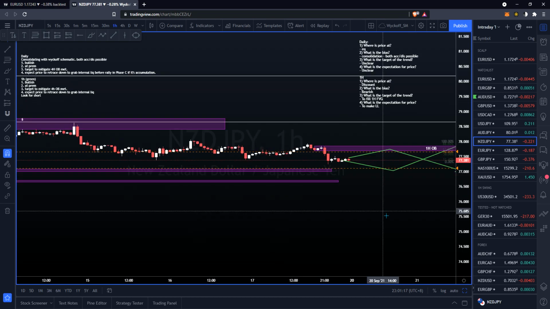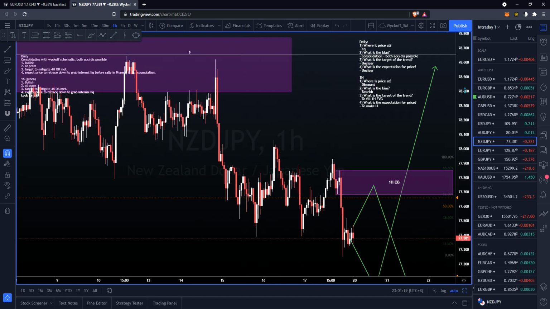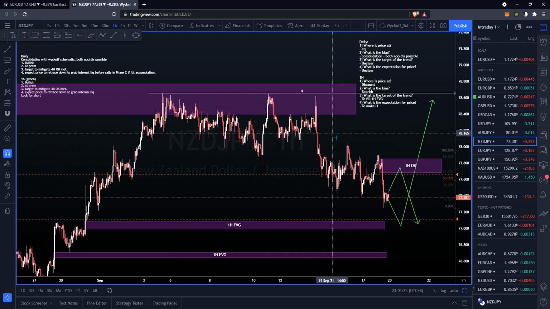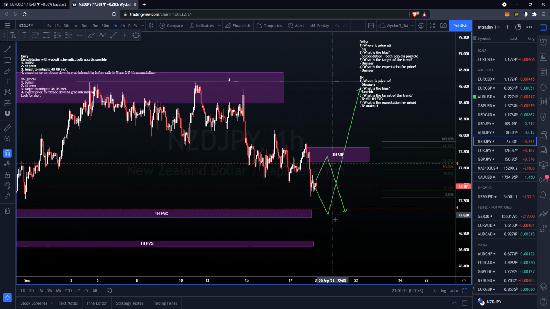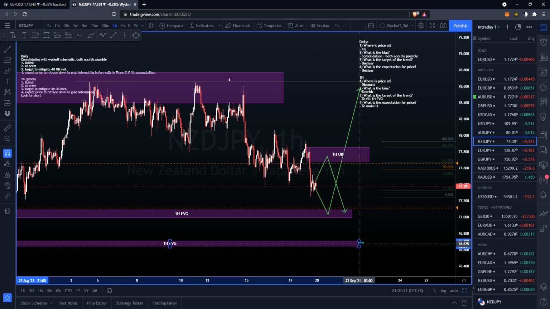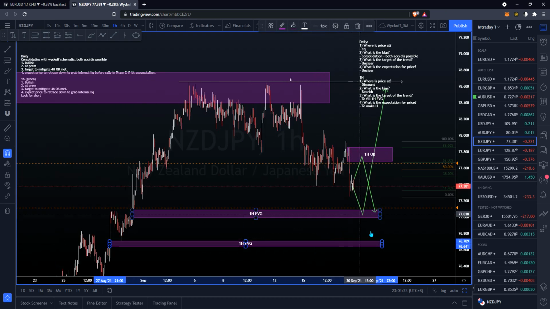So on a lower time frame, I'll be looking at this scenario. When price hits this fair value gap, I'll look for a long over here, or even over here when price actually goes down.